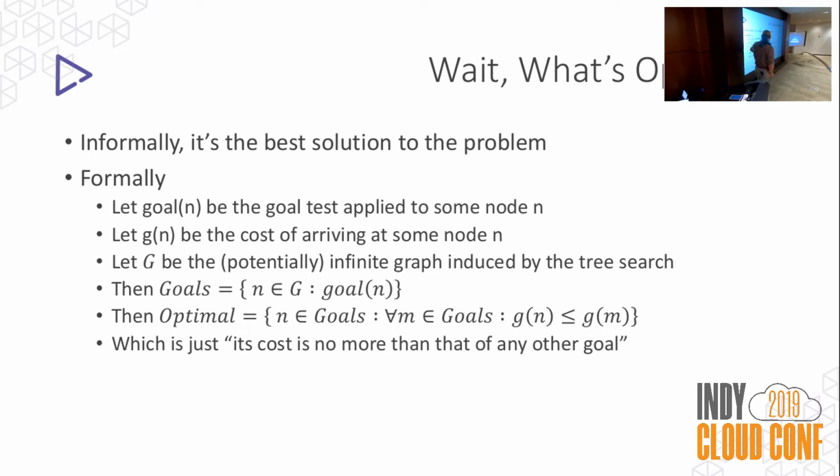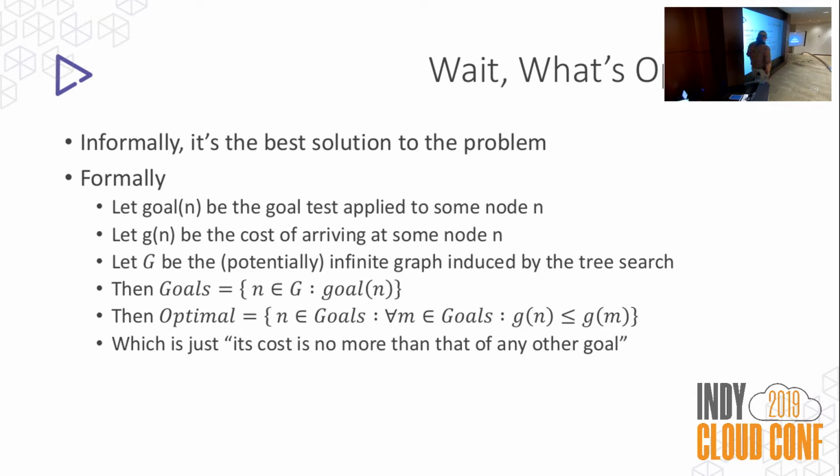So there's some graph, script G, that is the potentially infinite graph induced by the search tree. So taking a node, applying some actions, taking that node, applying some actions, and so on. If that graph exists, then the set of all goals is defined to be those nodes in that graph such that they pass the goal test, right?